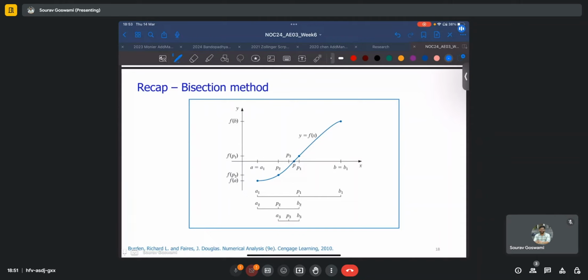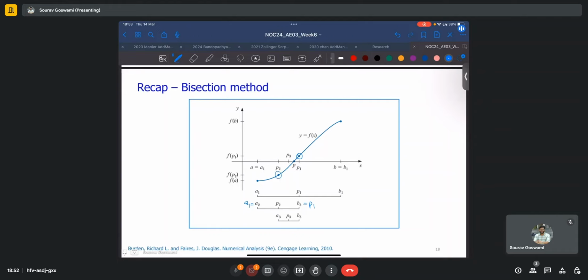Now we see that the value of the function at p1 lies in the upper half plane, and it has the same sign as the value of the function at b1. So we substitute b1 equals p1, as seen here. So b2 is equal to p1 in this case. a1 remains the same as a2. And then we find its midpoint, p2.